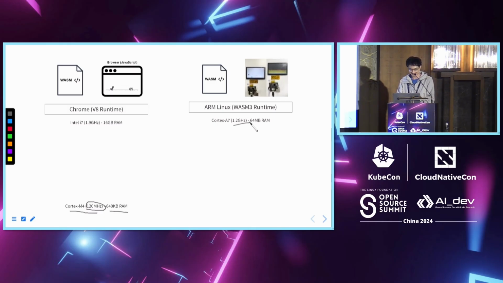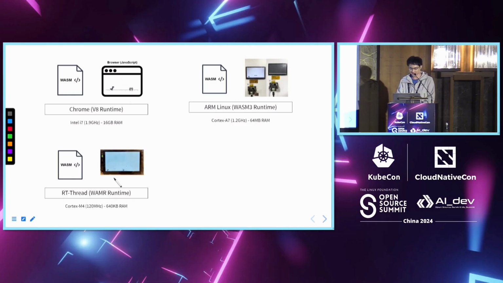And in this case, we have the wasm-micro-runtime that runs on real-time operating systems, such as RTOS, Zephyr, FreeRTOS, etc. So in this demo application, I used RTOS, an open-source real-time operating system.